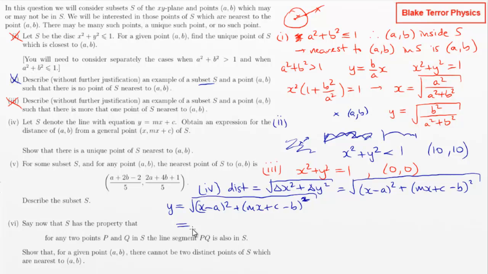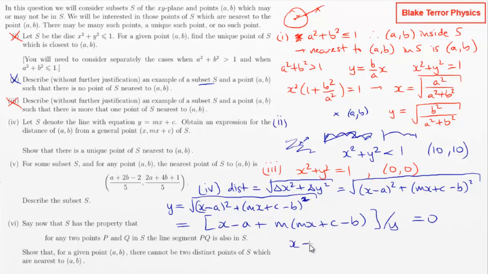So y is going to end up on the denominator, and the half is going to cancel with those 2's. So we'll have x minus a plus m times (mx plus c minus b), and then all of that divided by y has got to be equal to 0.